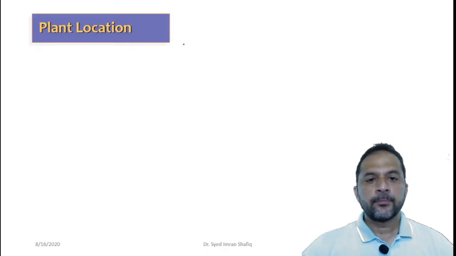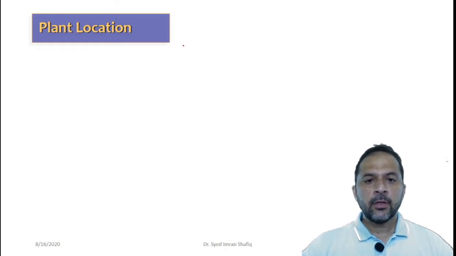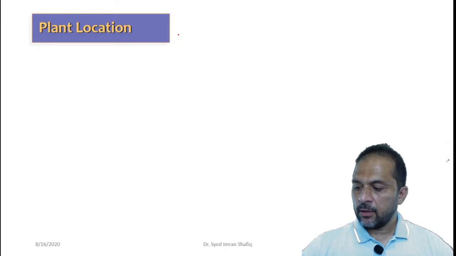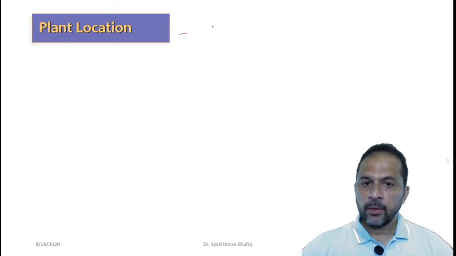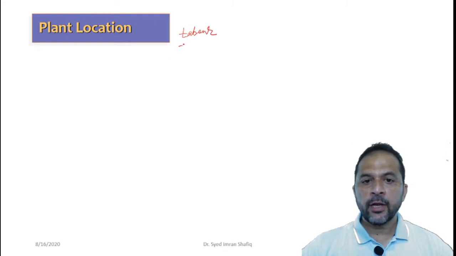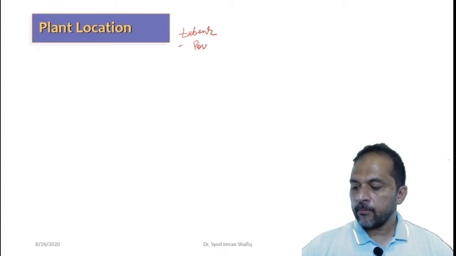So, as the name suggests, plant location. There are various factors that can influence selection of a plant. The factors can be: number one, labor, availability of labor. Number two can be availability of power.